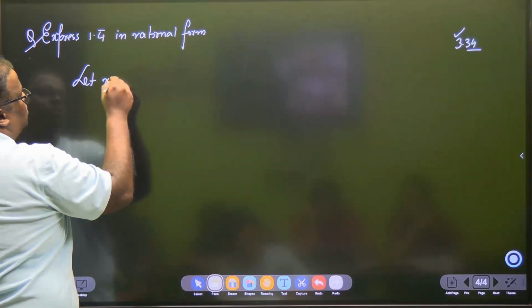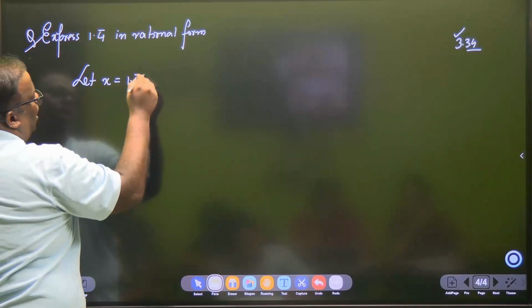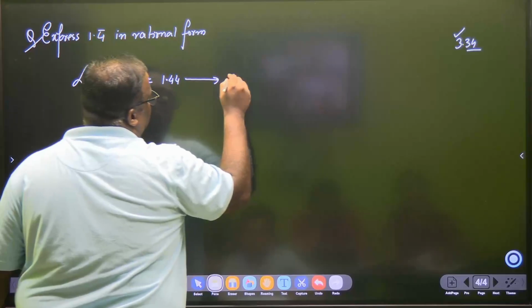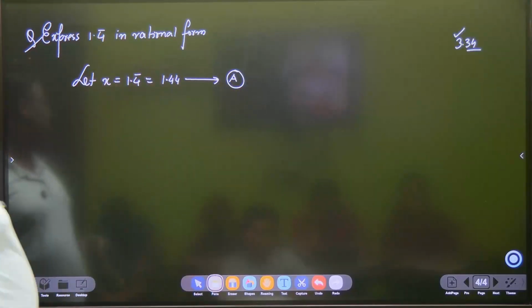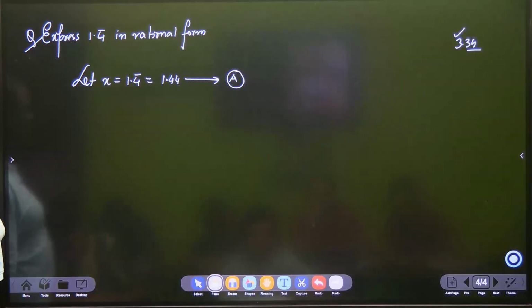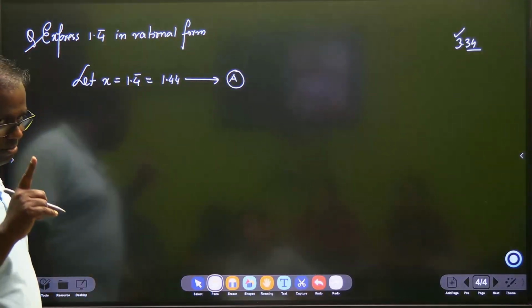Let x be equal to 1.4 bar, which is equal to say 1.44. Name this step as A or 1, whatever you want. What is the periodicity? 1. So the multiplication factor will be 1, 0, means 10.